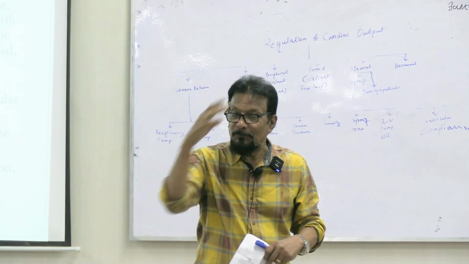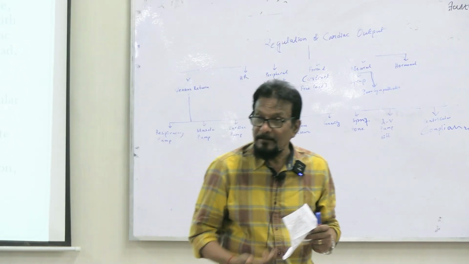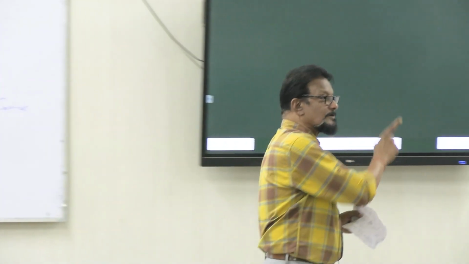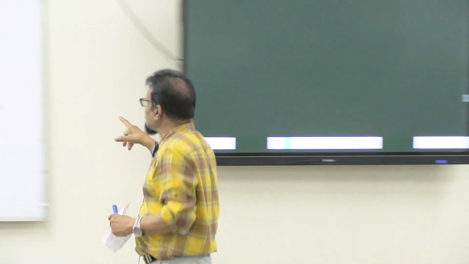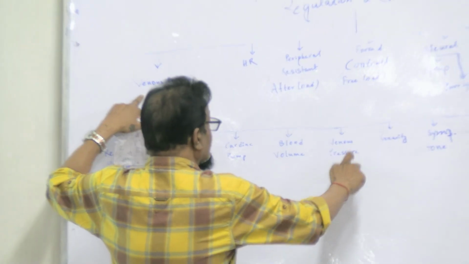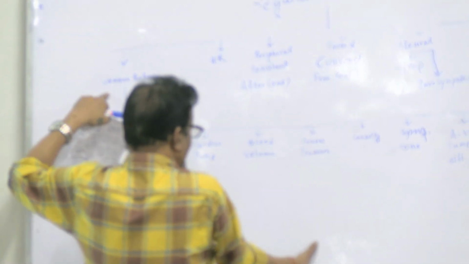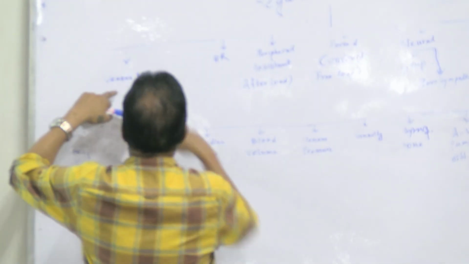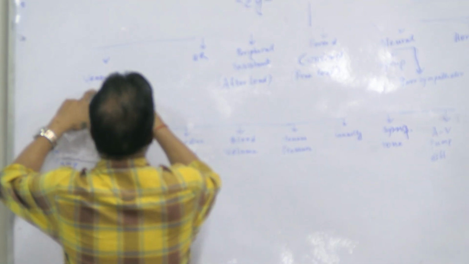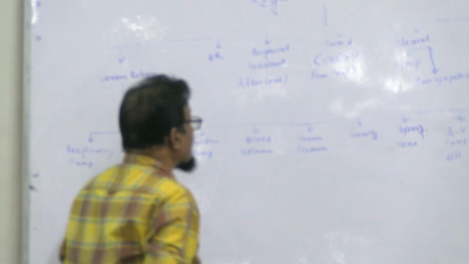As a result, from the periphery, from the venule, there will be movement of blood towards the right atrium. So this factor is venous pressure. Venous pressure favors venous return. If the venous pressure gap is more, then more venous return will be there. It happens in exercise. More venous return means there will be increased cardiac output.